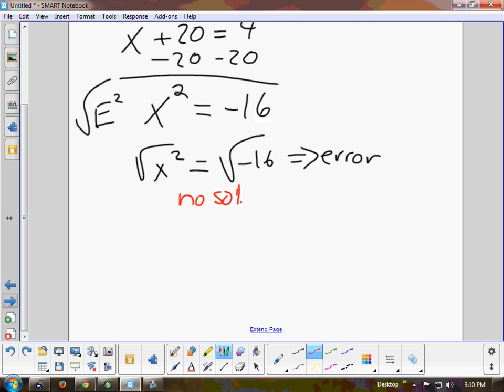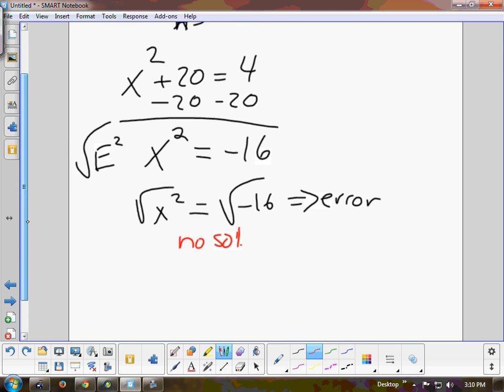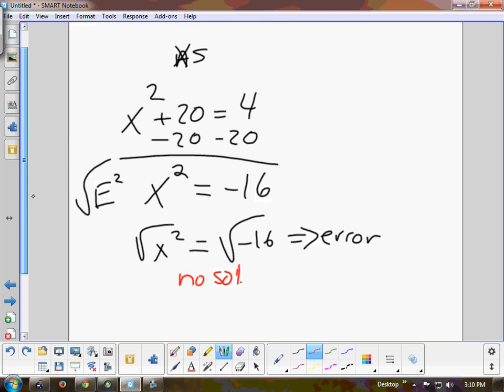Sorry, I'm looking at what I did here. And that doesn't work out. Does not work out. So it's no real number solution? No solution. Yeah, no solution. And they say real numbers because we haven't gotten to the imaginary numbers yet. We won't till next year.